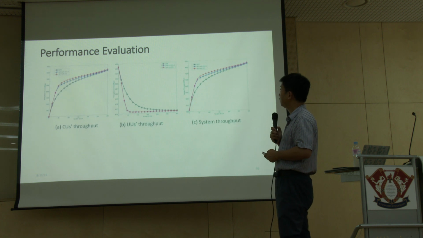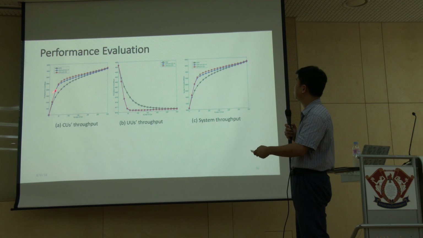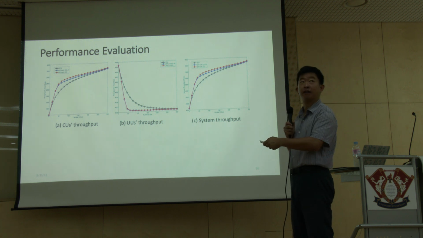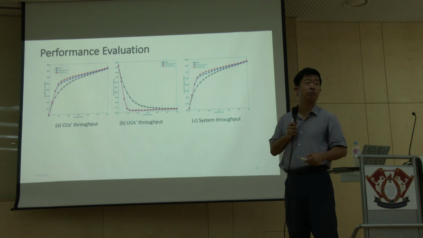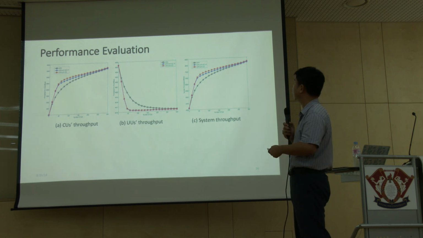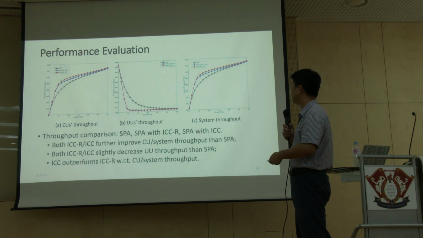Here is the performance evaluation. This is the user's throughput. You can see that this is the optimal solution using the centralized approach, this is your proposed one, and this is the baseline algorithm. You can see the performance is always improved.